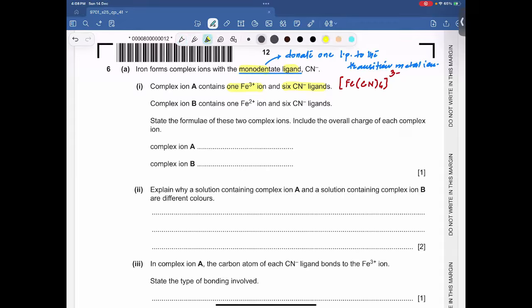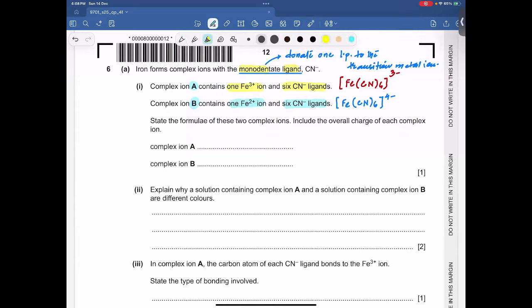In the next part, complex ion B contains 1 Fe2 plus ion and 6 cyanide ions. So the formula of this complex ion is going to be Fe(CN)6, and since the oxidation state of iron is 2 plus, I need to put a 4 negative charge here.